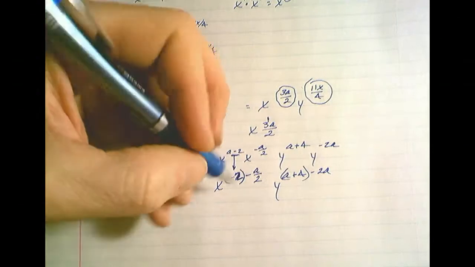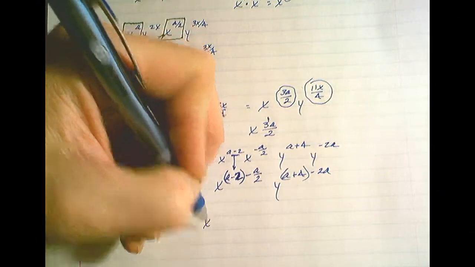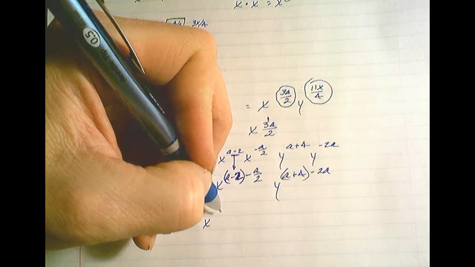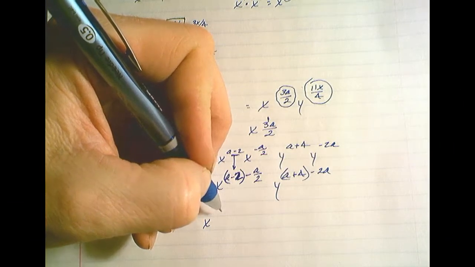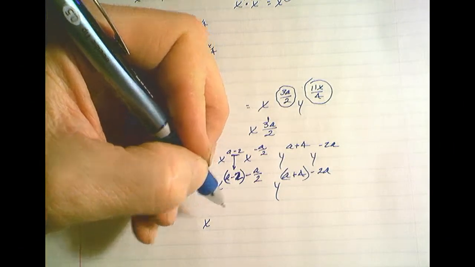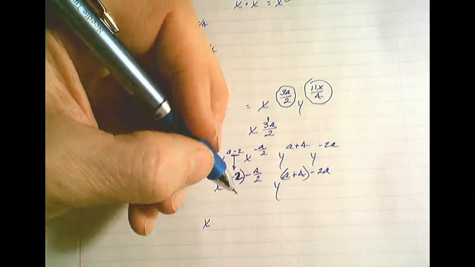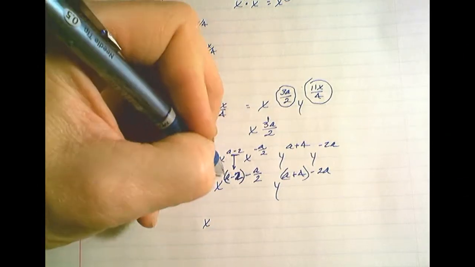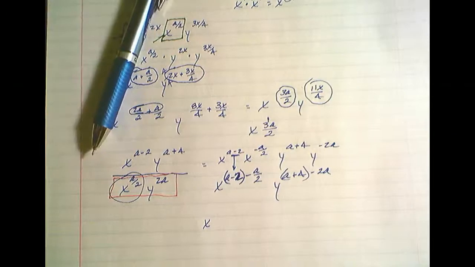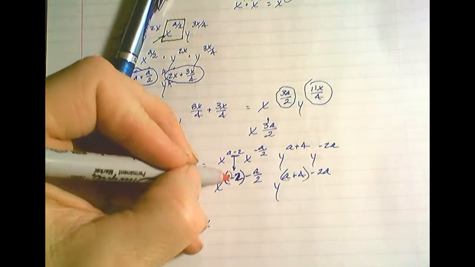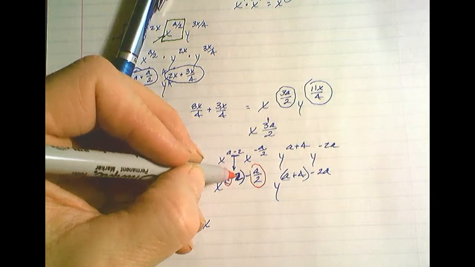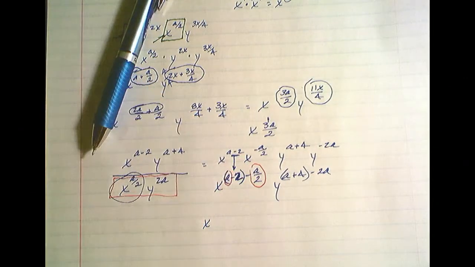Find common denominators here. So we're going to have x to the a minus 2 minus a over 2. Okay, kind of makes a little bit of a mess. So I'm just going to leave my minus 2 alone. I'm just going to combine my a here and my a here, because combining this 2 with anything is not going to do anything anyway.